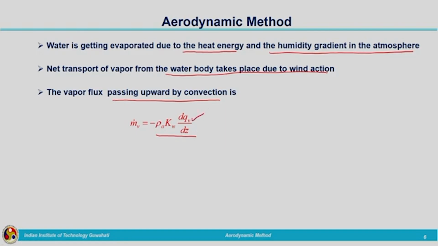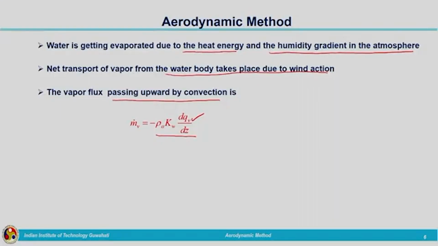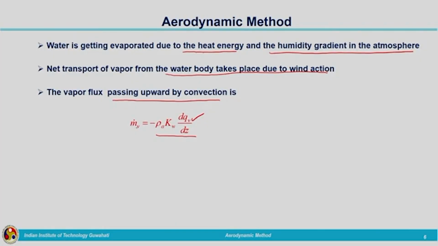Vapor flux, or the mass transport, is directly proportional to the humidity gradient, and that proportionality is removed by means of the constant. So, the expression has changed form. For any expression related to convection, different actions will be taking place, and the equation will have this form. So, here we have m_v dot is equal to minus rho_a k_W dQ_v by dz.